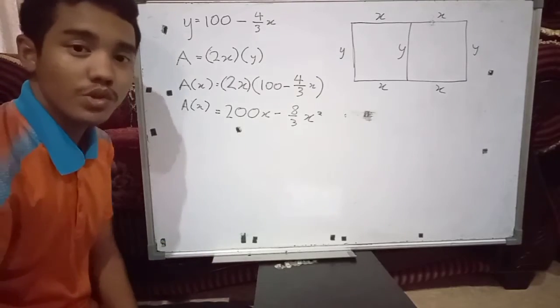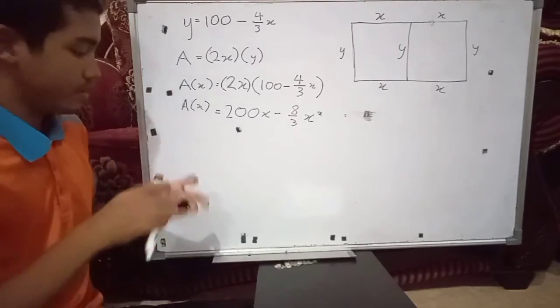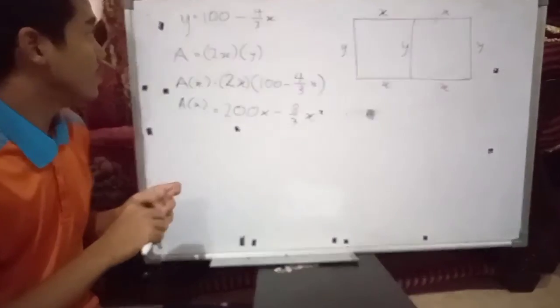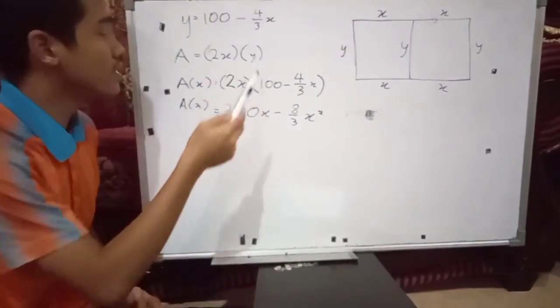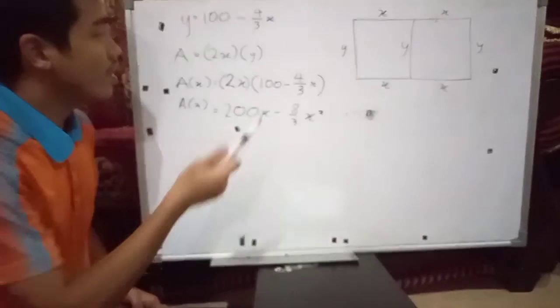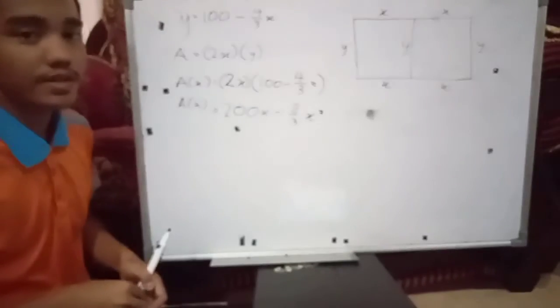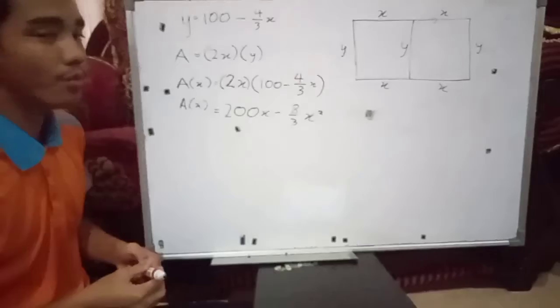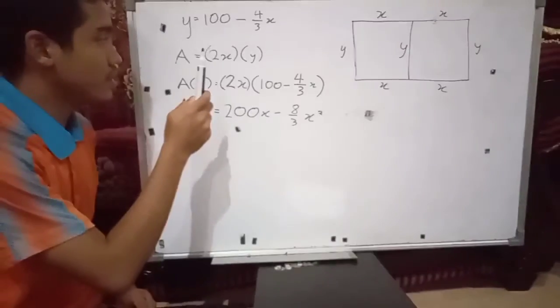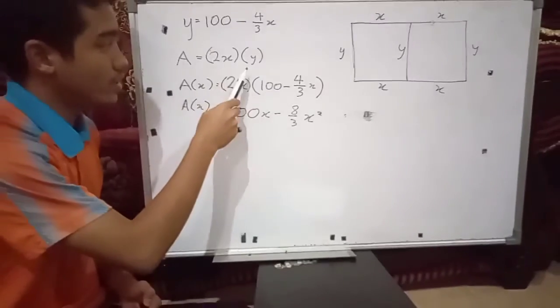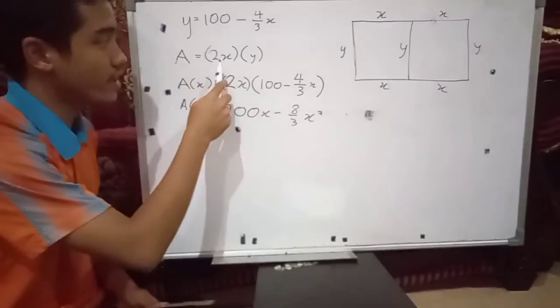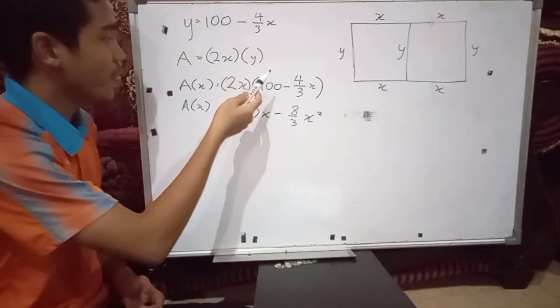Now I will continue from Amirul. Given the equation of y, 100 minus 4 over 3 x, now we have to find the function of one variable, that is x. So I will use the formula of area. It is length times width. Length is 2x and width is y.